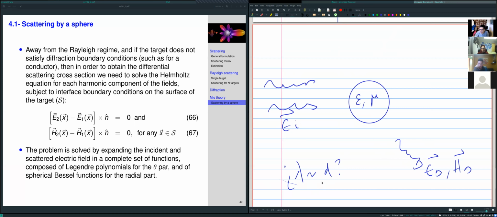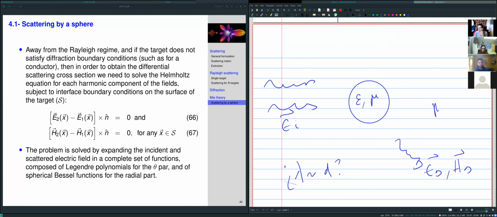Then in this case, we have a problem here. When lambda is of the order of d, we can't use the Rayleigh scattering formula anymore. Even though we have induced dipoles, we can't just say that this is all equivalent to just one dipole P. We had the Rayleigh scattering, which said we have induced dipoles, and the net result of all this interaction was that it induced a dipole P.